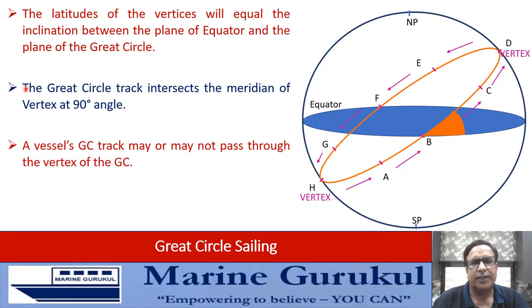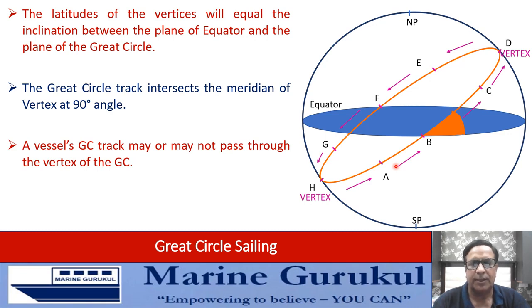A vessel's track may or may not pass through the vertex of the great circle. Of course, the entire great circle has only two vertices. We may be traveling only over a part of the great circle track, so it may include the vertex or it may not.